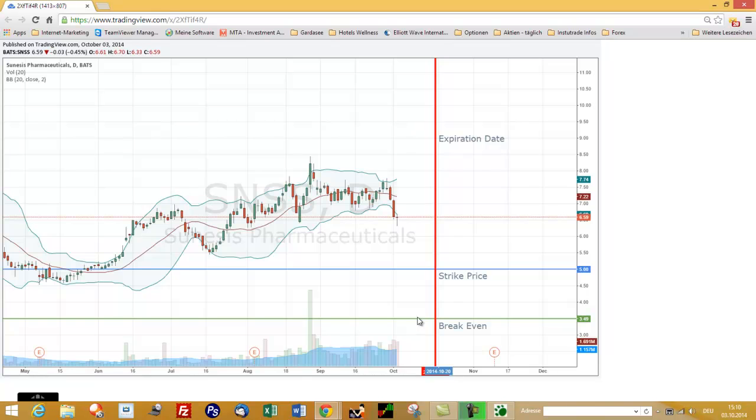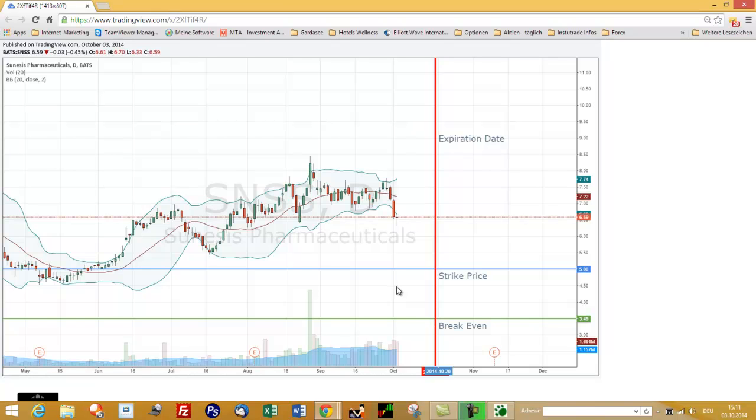I already calculated the commission in, so the break even price for me in this case would be $3.49. This means that the stock has to fall nearly 50% within the next 2 weeks before we are really in a bad condition and close below break even.